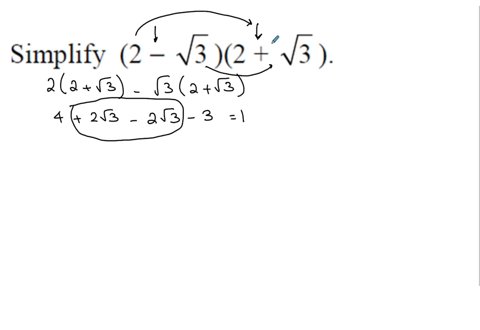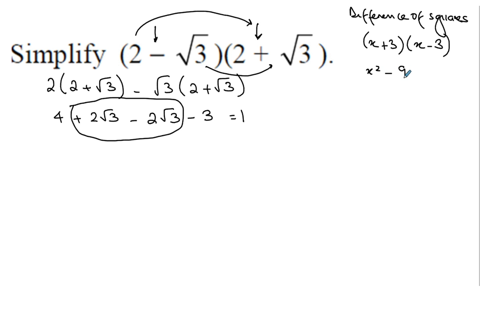Now this should remind you of something that we did when we did algebra, which was called the difference of squares. So when we had x plus 3, x minus 3, then remember when we did the cheats method, we know it was going to be x squared, and then when you add your numbers, 3 minus 3 disappears, and when you multiply your numbers, plus 3 times minus 3, you get minus 9.